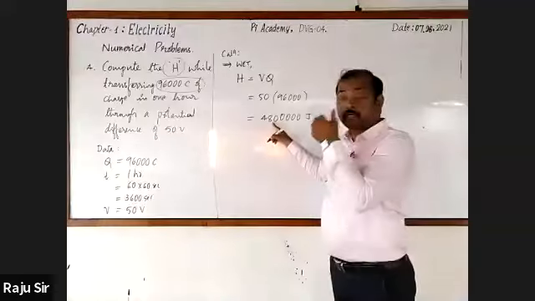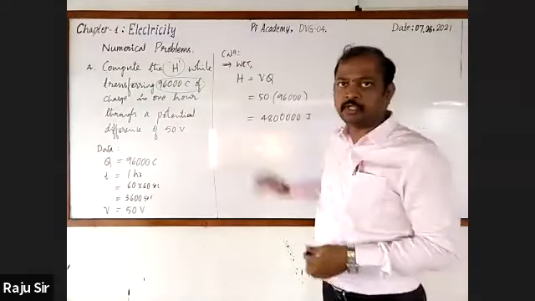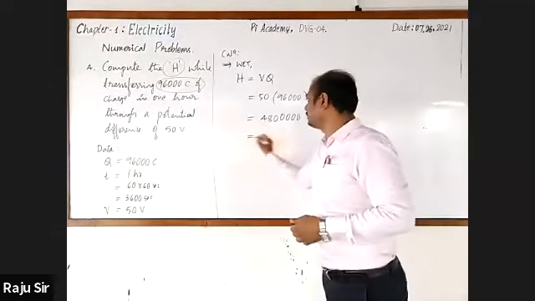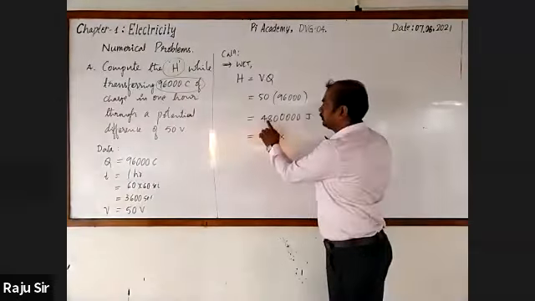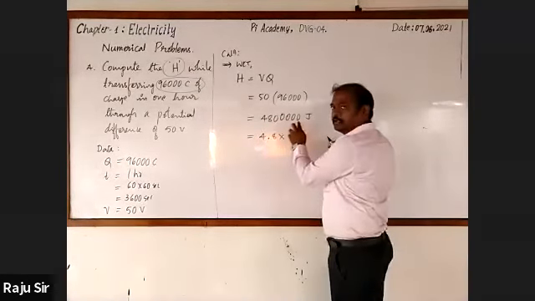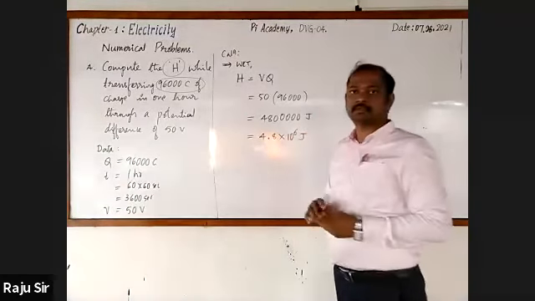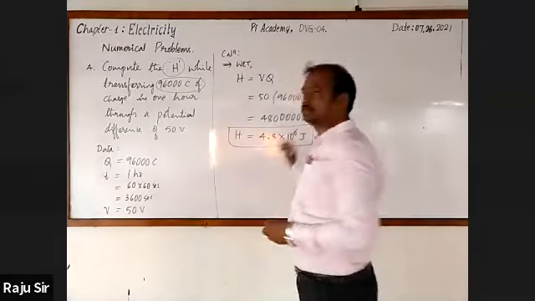It is 48 lakh joules. You may write up to here. If you want to express that in scientific notation, after the 4 you count the digits 1, 2, 3, 4, 5, 6. Hence, it will be 4.8 into 10 raised to the power 6 joules. So this much joules of heat energy is produced.